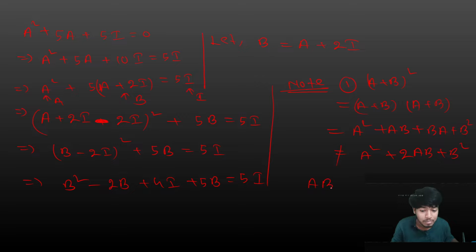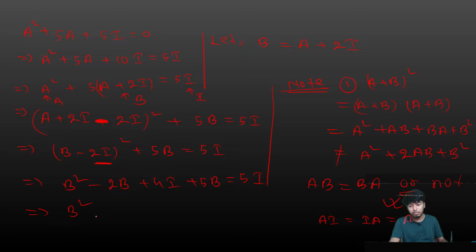We don't know whether ab equals ba or not, so we can't write it this way. But when b is replaced by the identity matrix or a multiple of identity matrix, then aI equals Ia, as we all know.